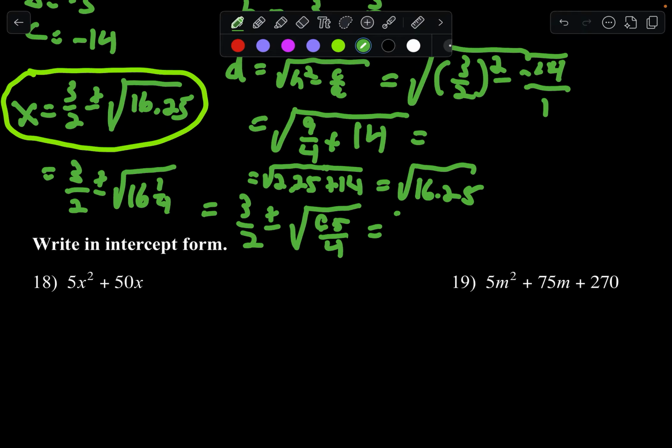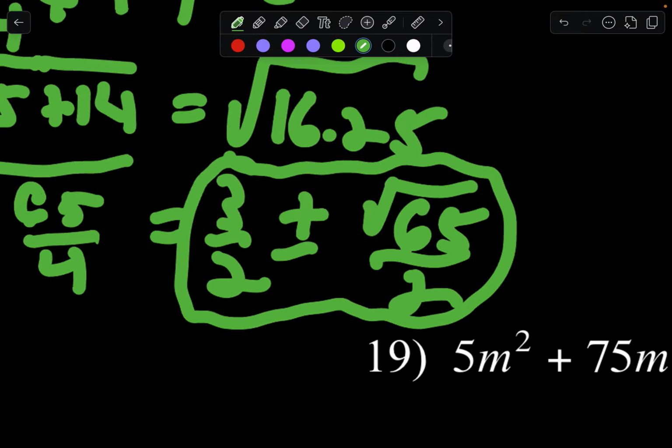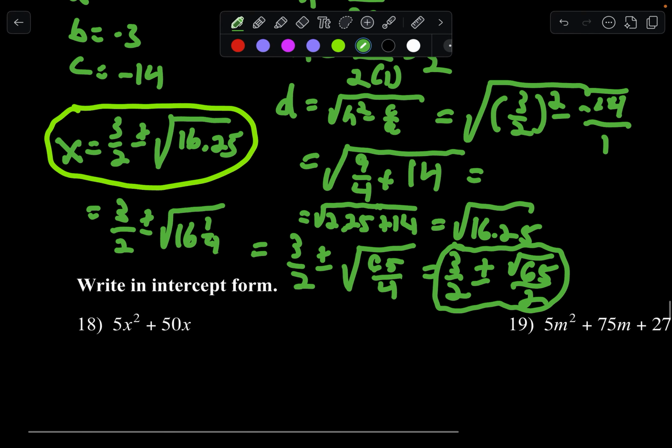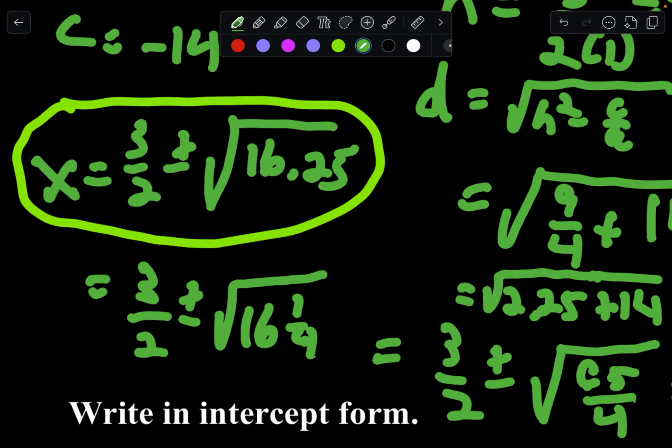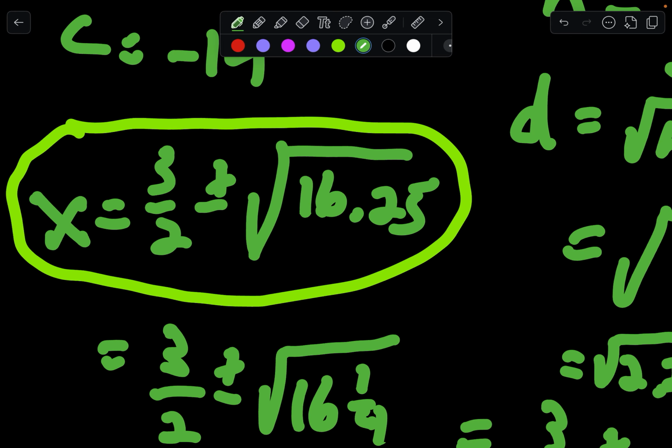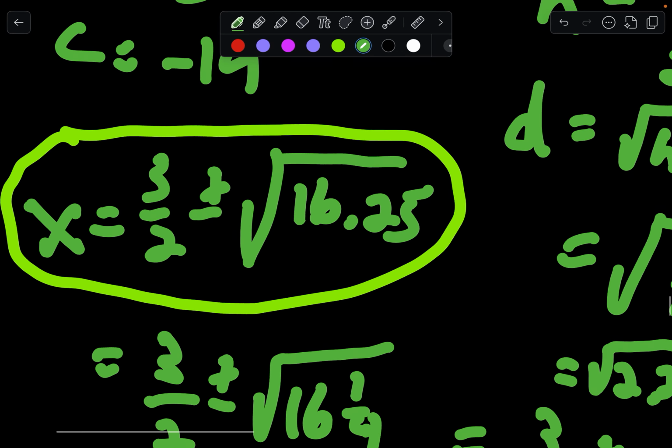So this becomes 3/2 plus or minus the square root of 65 over 2. And you could have written it like this. Matter of fact, if you use the old school quadratic formula, which you're more than welcome to use, you would have gotten this answer. Using the other form, you would have gotten this. They are both correct. Just use one or the other, okay?